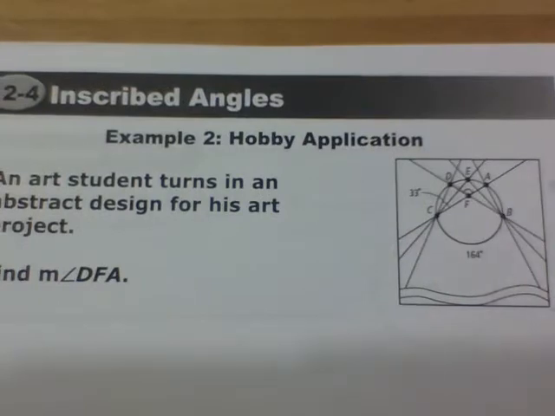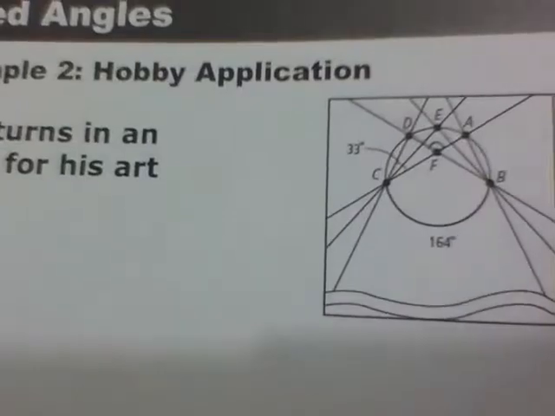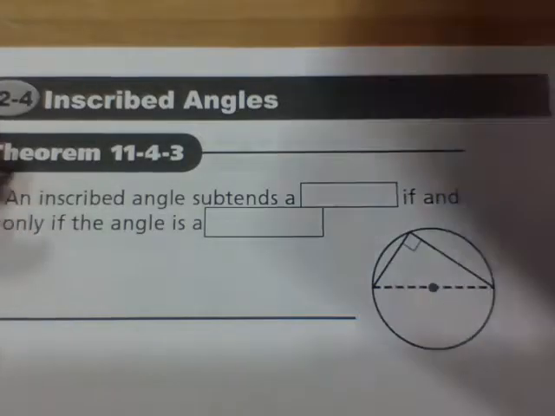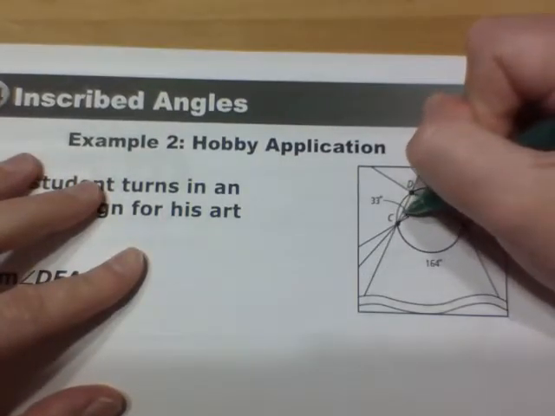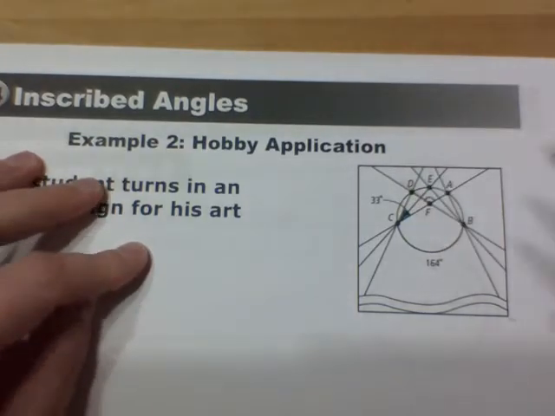So there is kind of a lot to look at here, but the first thing that you can see is that they're giving this angle measure of 33. That arrow points to this entire set of angles as 33 degrees.